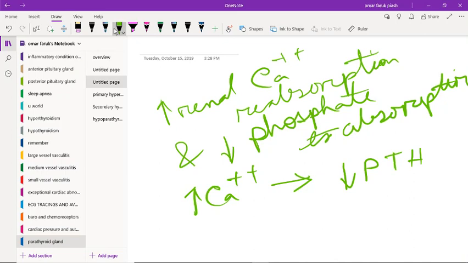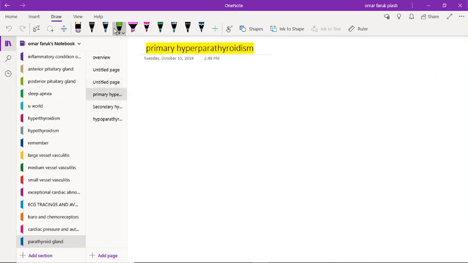Now, in primary hyperparathyroidism, the main pathophysiology is excess parathyroid hormone. Primary means the gland itself, and there is increased PTH.